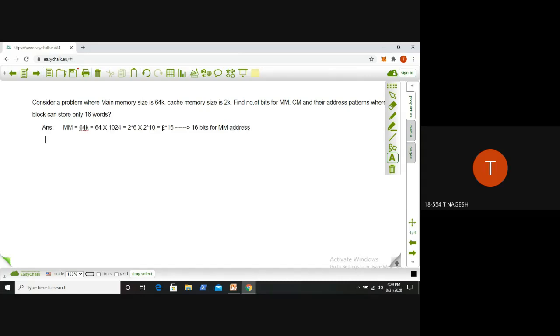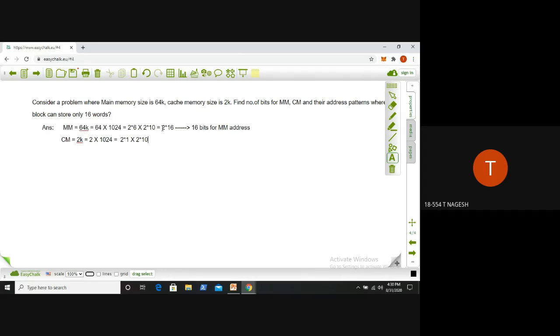In a similar way, for the cache memory it is given as 2K, that is 2 into 1024, that means 2 power 1 and 2 power 10.